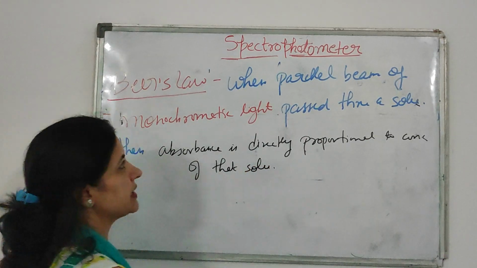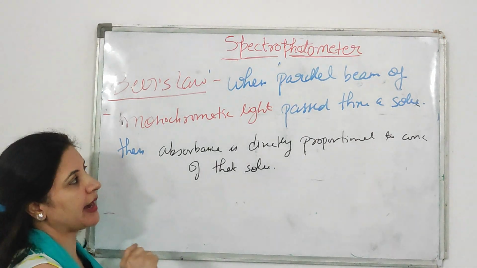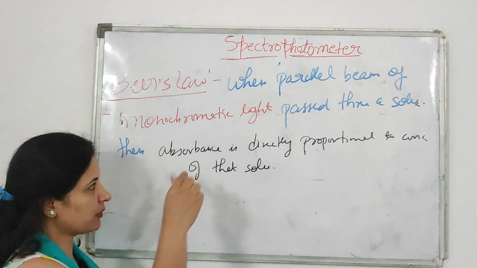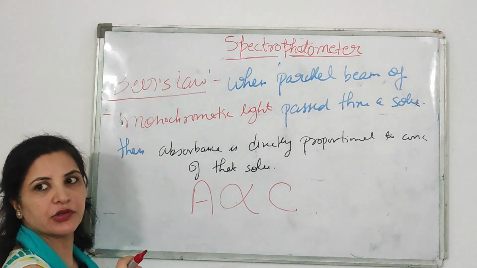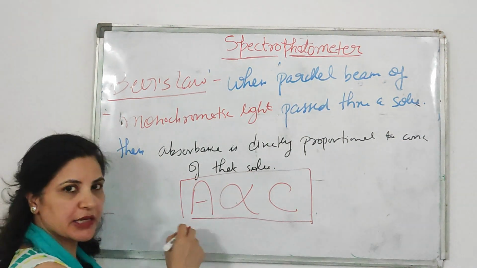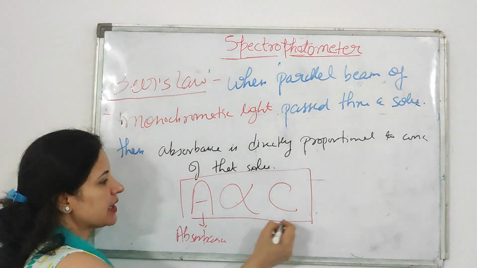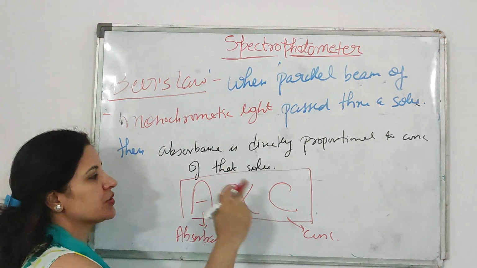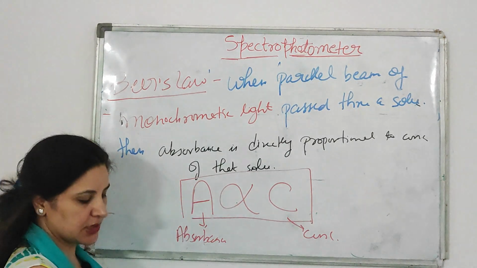So Beer's law says that when you pass a parallel beam of monochromatic light through any solution, the absorbance, which you can write as A, is directly proportional to the concentration of that solution. That means A is directly proportional to C, where A is absorbance and C is the concentration of the solution. Got it? This is Beer's law.